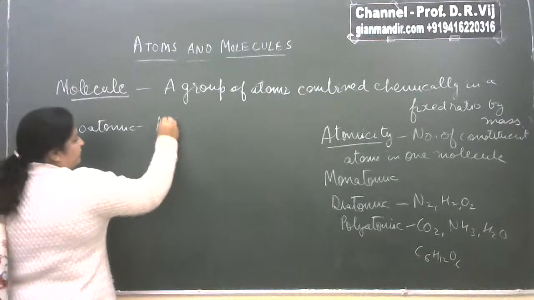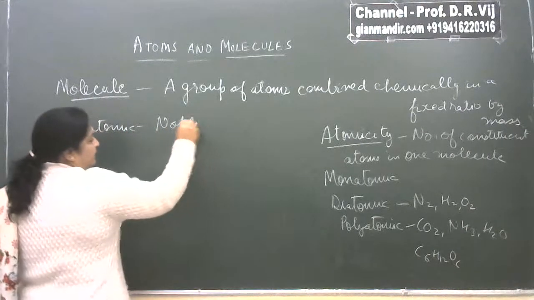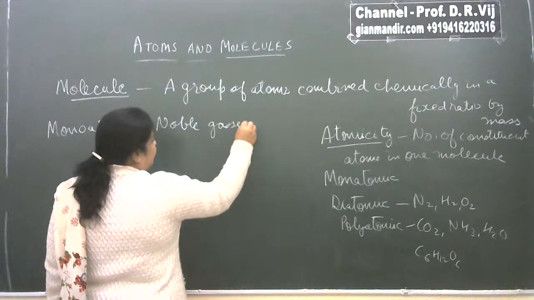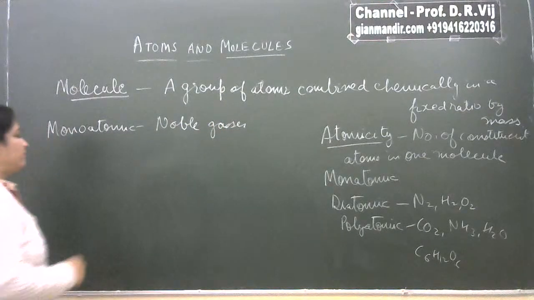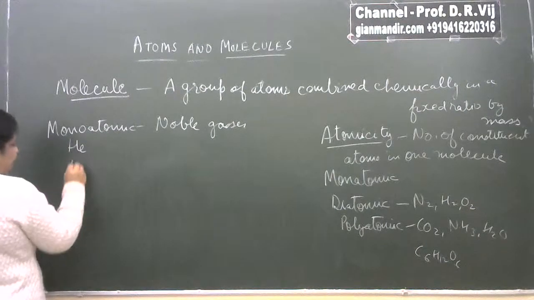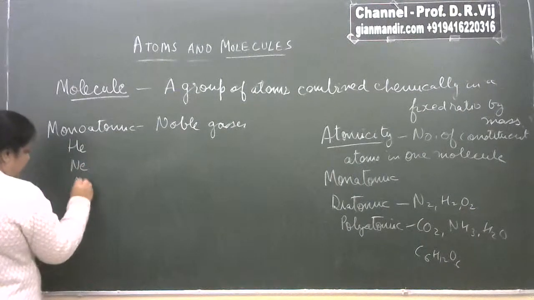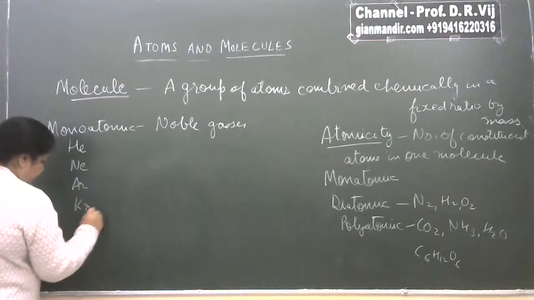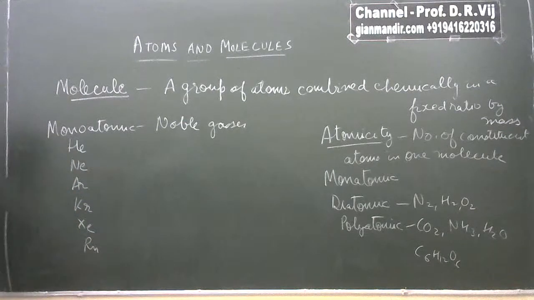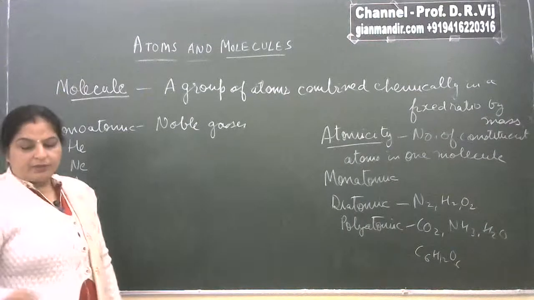Noble gases have stable atoms, so they exist independently in the form of monoatomic molecules. The gases are helium, neon, argon, krypton, xenon, and of course radon, right? These are all gases that exist in the form of monoatomic molecules.